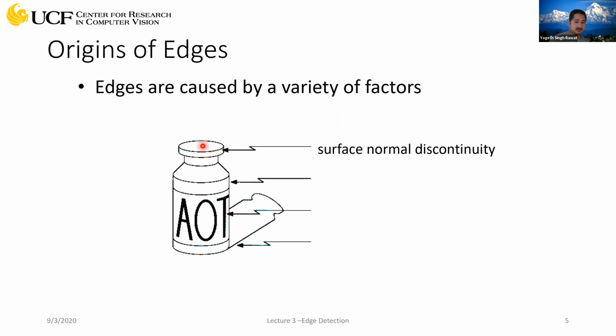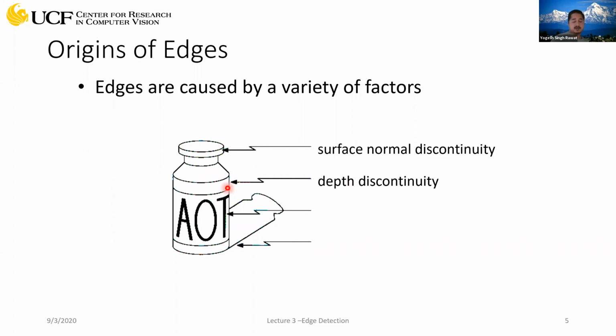So for example, in this cap, on the sides, the normal direction is this one, right? But as you move to the top of this cap, the normal is changing. Now it's pointing upfront. So whenever you have a change in the normal along the surface, you will observe edges.